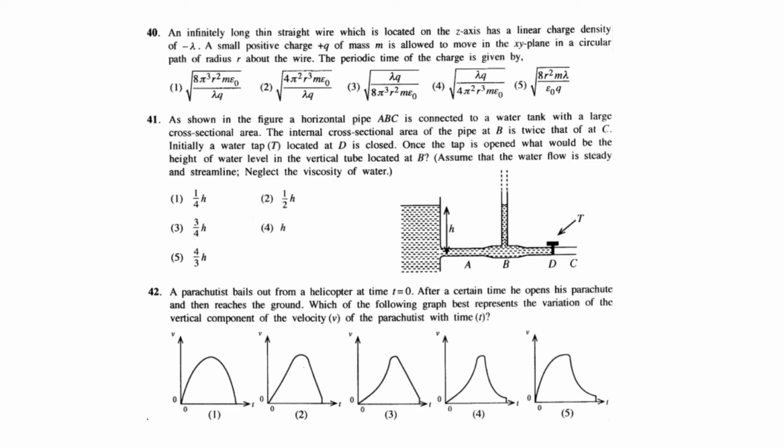Now the velocity at B is half of V, so half rho times V by 2 squared. And there is no height difference in the streamlines, so H is 0. Then for the point B you get pi plus H dash rho G plus half rho V by 2 squared.